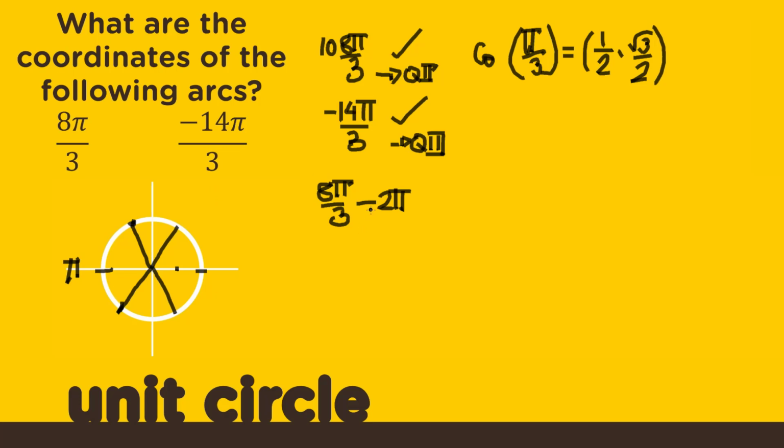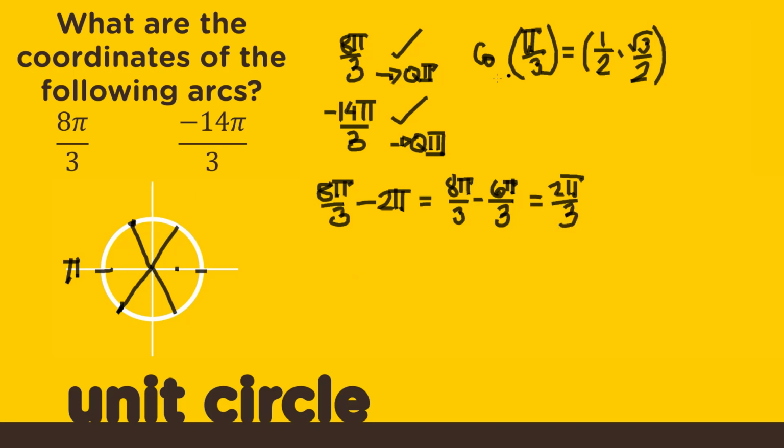So we're going to use this another strategy. Remove that one revolution. You will have here 8 pi. We are removing one revolution because it's more than one revolution on the positive side. So that's minus 6 pi over 3. You will have here 2 pi over 3, which is very easy.